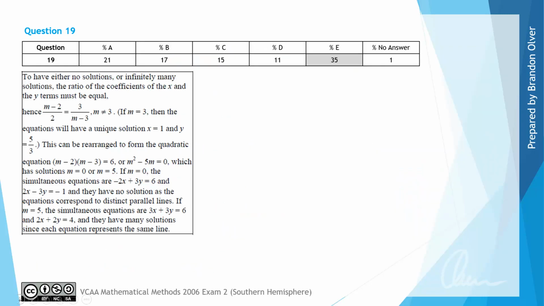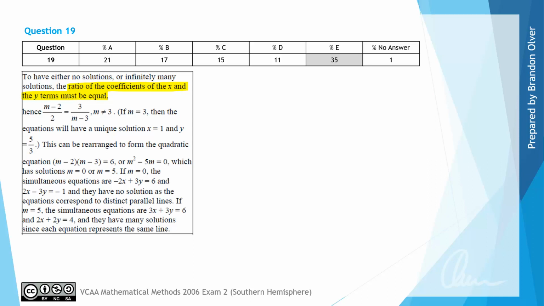From the examiner's report, we can see that this was another challenging question in the 2006 exam, with only 35% of students getting the correct answer for this question. The examiner's report also includes some commentary on how they approached this question, and they have discussed that to have no solutions or infinitely many solutions, the ratio of the coefficients of x and y must be equal, which is essentially the same as what we did on the previous slide, by letting the gradients of those two lines be equal.